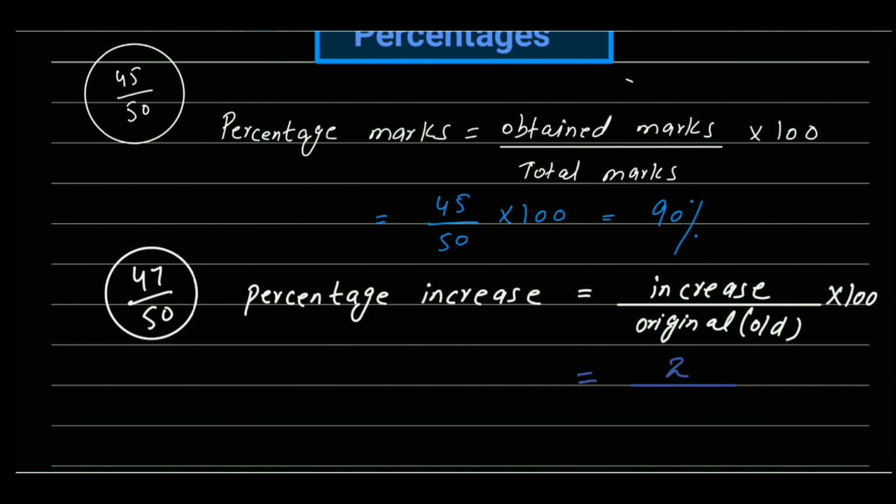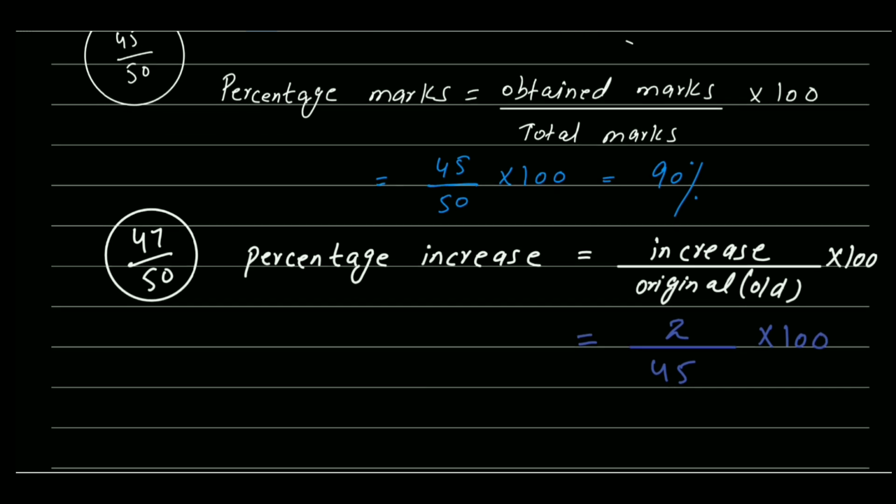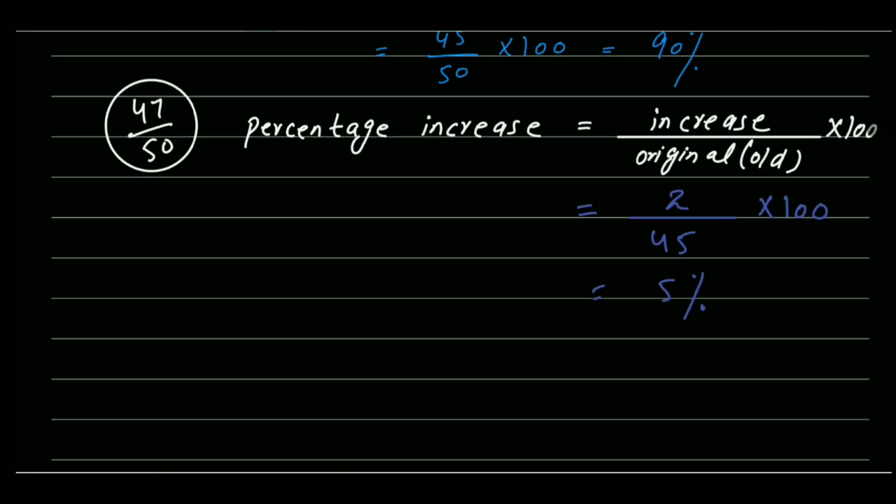So 2 by 45 multiplied by 100. So 4.44, which you can say is about 5% increase.